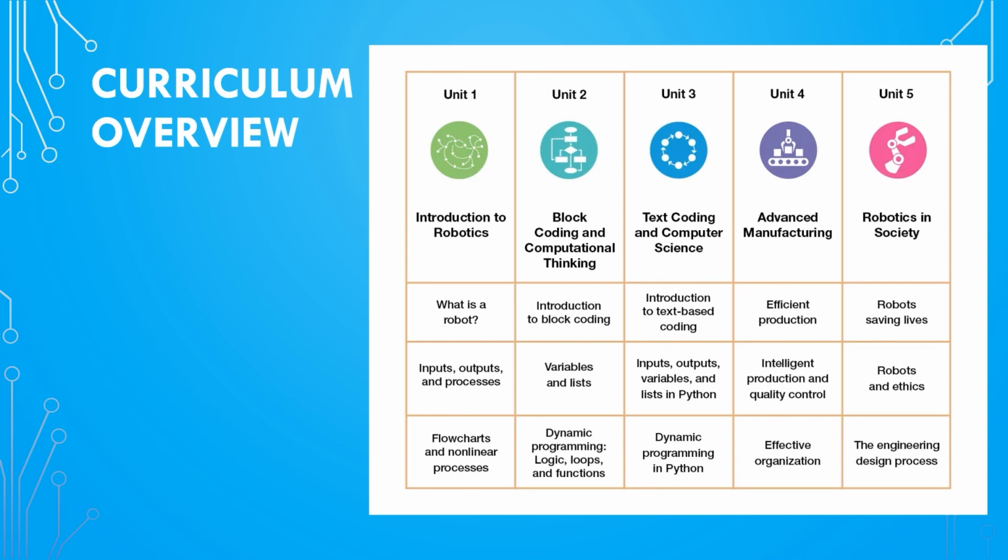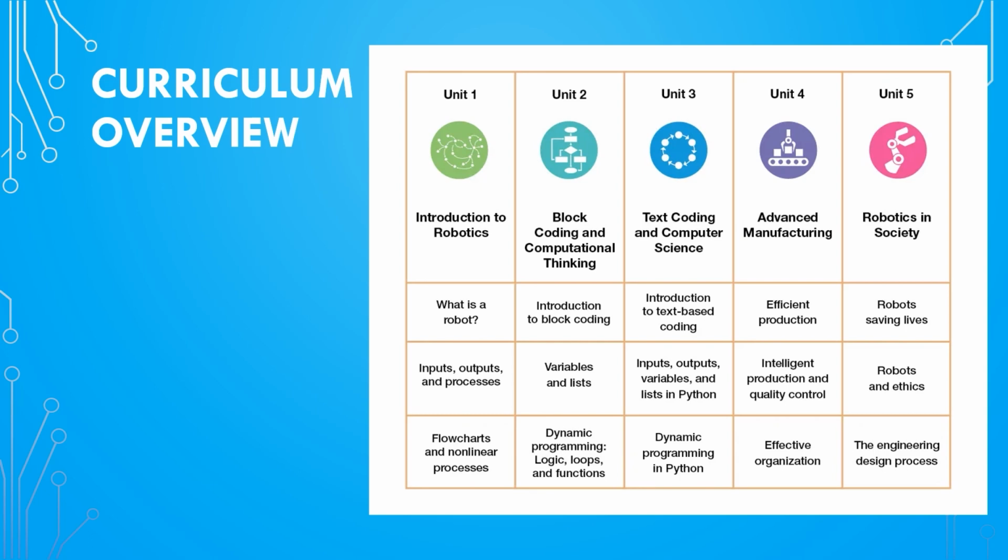In Unit 4, we are diving into the subject of advanced manufacturing. In this unit, we're learning about very important concepts in advanced manufacturing, like efficient production, intelligent production and quality control, and effective organization. This is going to be the first unit in which the students are going to be diving in and using the conveyor belt kits in conjunction with their Dobot robotic arms.